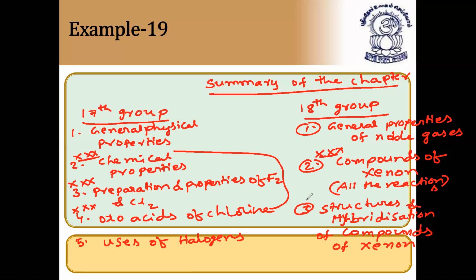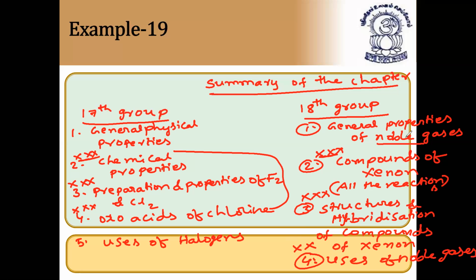So this is also important. And lastly, we have studied uses of noble gases. So this is also important. So in this, we have to consider only these three, because general properties is simple, electron affinity, ionization enthalpy, all those they will not ask in the exam.